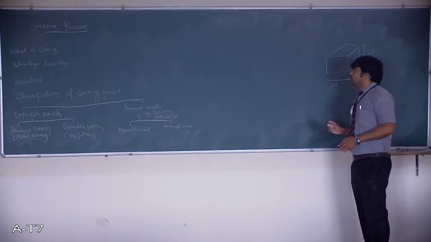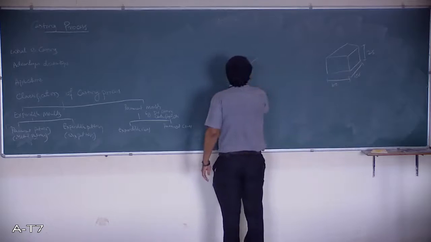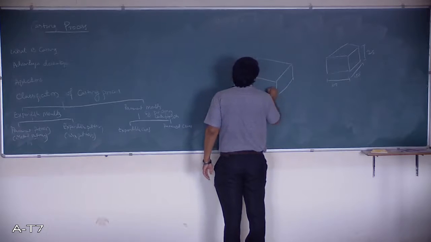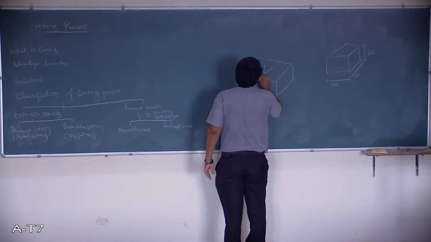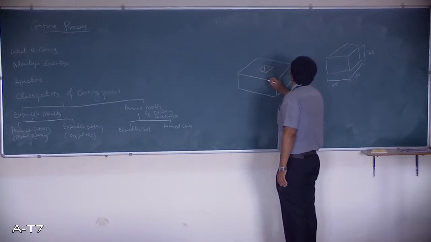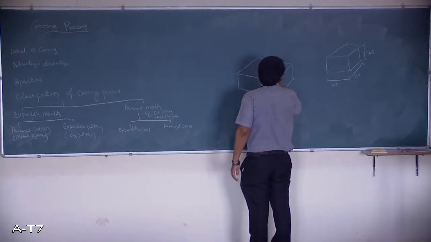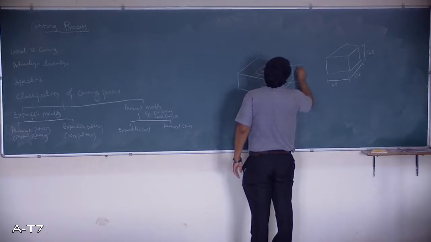In order to make this, what we do is, we are going to take a mold box like this, and then over here, there will be a hollow cavity of this dimension, say 100 by 150 and this height will be 25 mm.